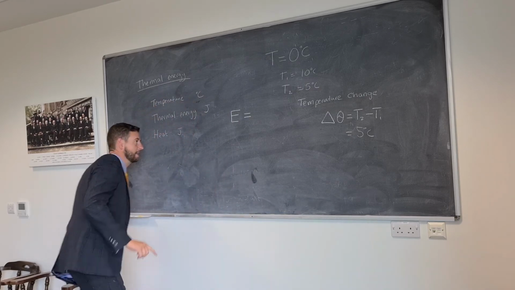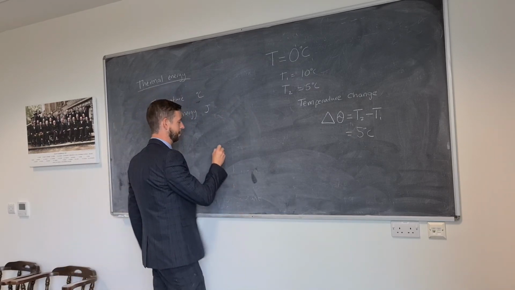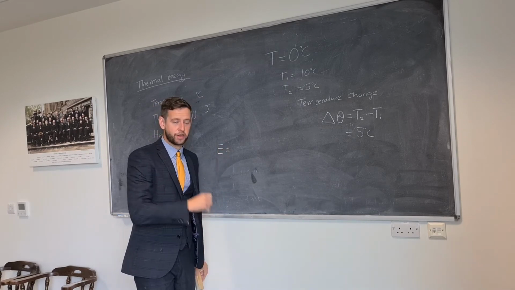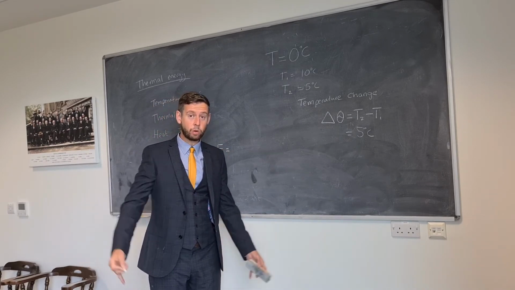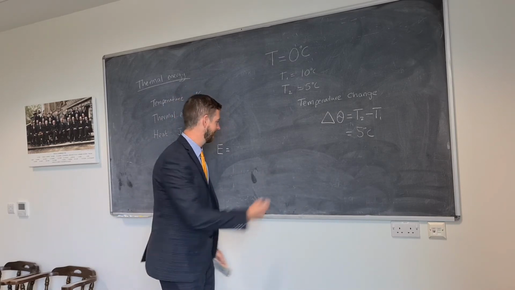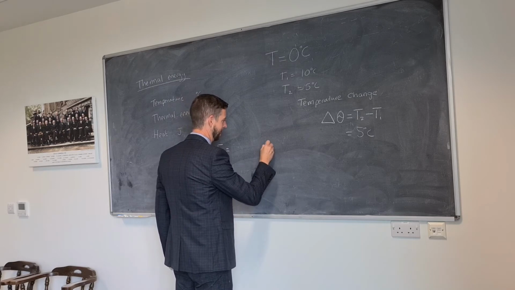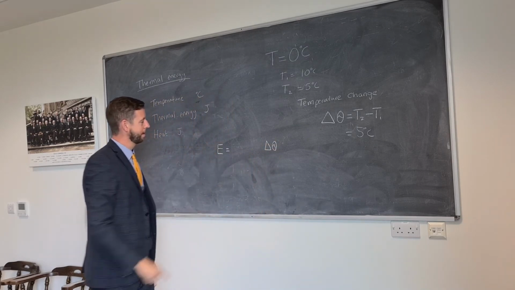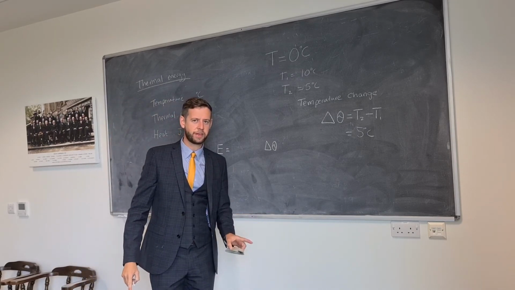Now, I've not given myself enough room, so I'm going to start again slightly further down. E, the thermal energy we put in, is going to cause a delta theta. We're going to get a temperature rise at the end. Delta theta appears just there. But it's also going to be dependent on some other things.